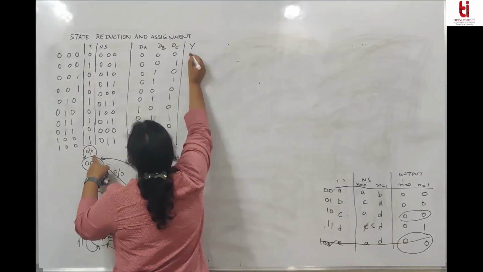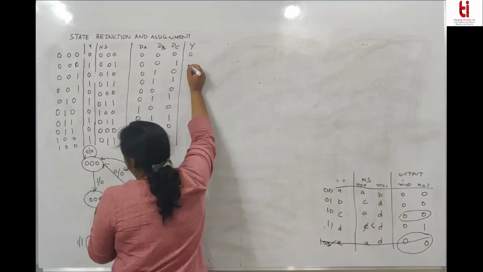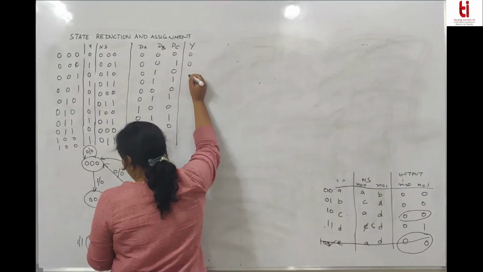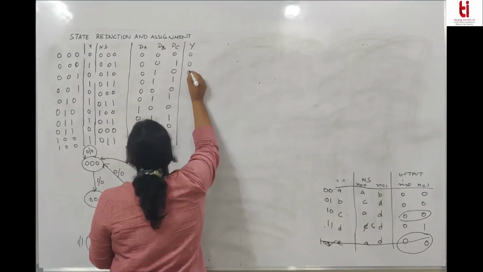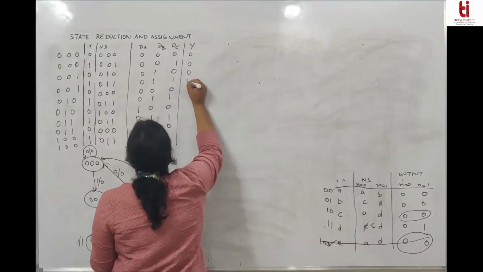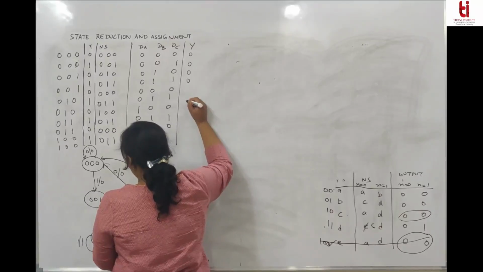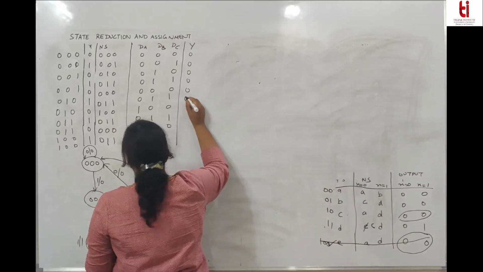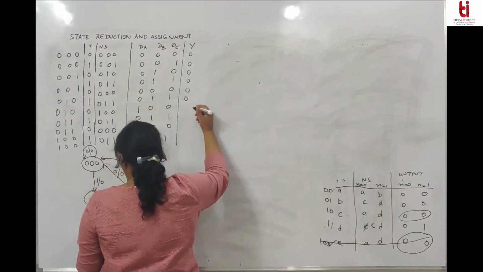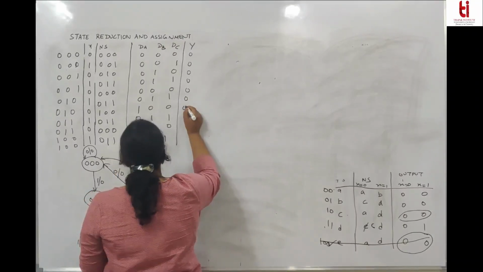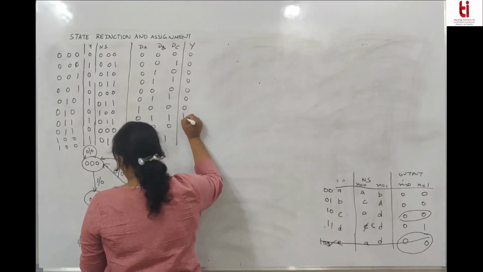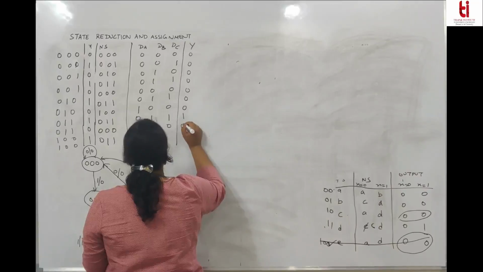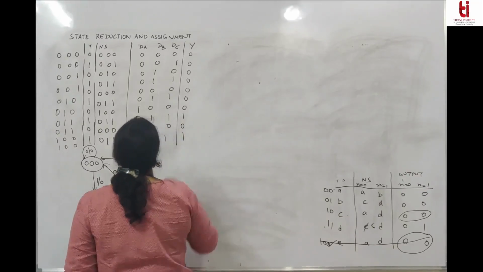It is 0. For this 1, it is 0. For this 0, it is 0. For this 1, it is 0. From here 0, it is 0. For this 1, it is 0. Then from here 0, it is 0. 1, it is 1. From here 0, it is 0, 1.